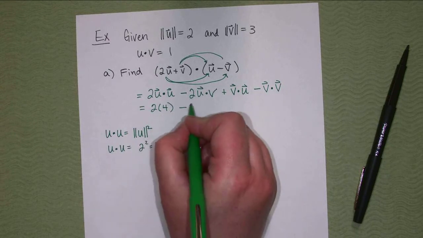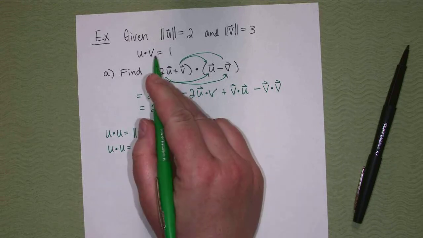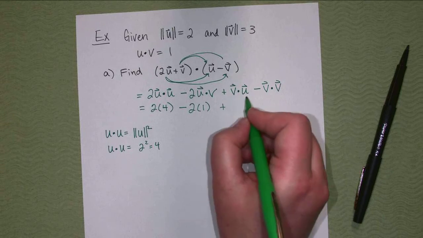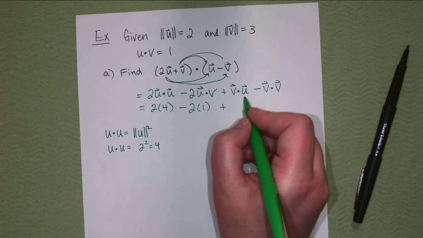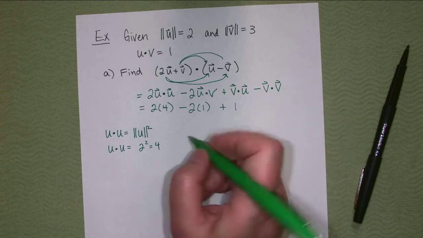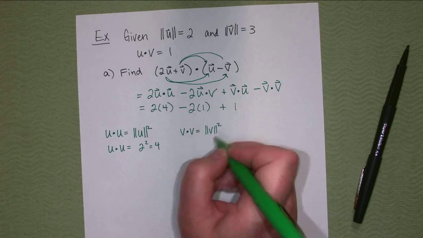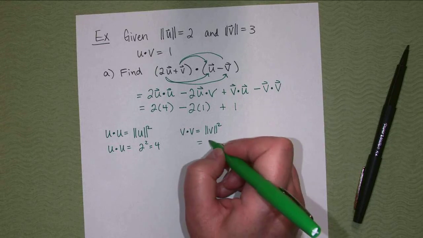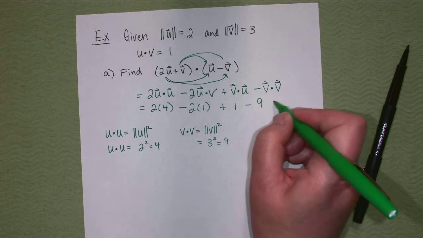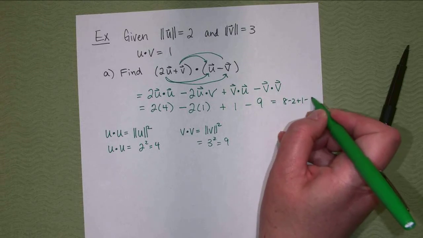U dot v was given, is 1. What about v dot u? Also 1, because it's commutative. V dot v? Right, the length of v squared, which is 3 squared, or 9. So our answer will be 8 minus 2 plus 1 minus 9, negative 2.